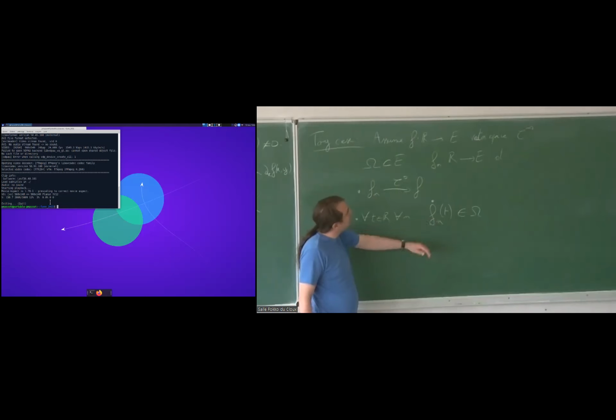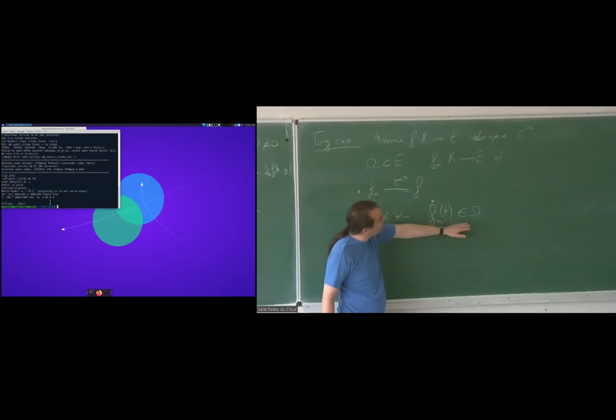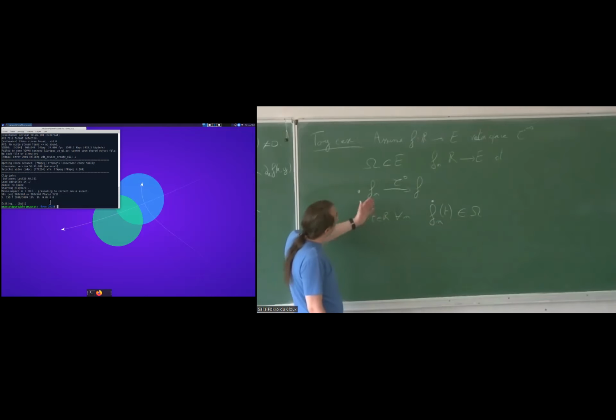In the second case, the setup would be a bit more complicated because omega would depend on t, but I'm just focusing on the simplest situation where the source is one-dimensional, and you've got a derivative problem. You're interested in functions whose derivatives take values in some omega that you fix. And you want to understand what it implies for a function f that it is a C0 limit of functions whose derivative takes values in omega.